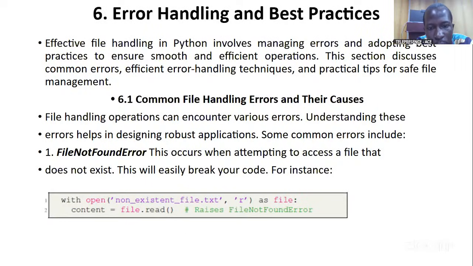Some common errors include the file not found error. You want to read the file and the file is not found. This occurs when attempting to access a file that does not exist. This will easily break your code. For instance, you want to open a non-existing file, with the name of the file and the content, and when you want to read it, there's no file named like that.